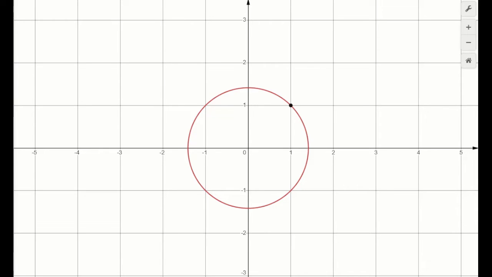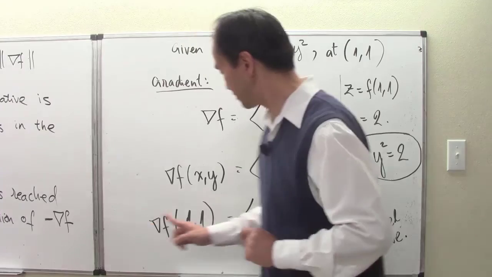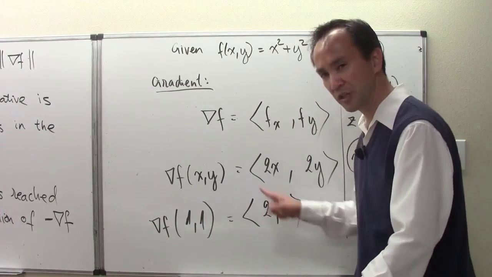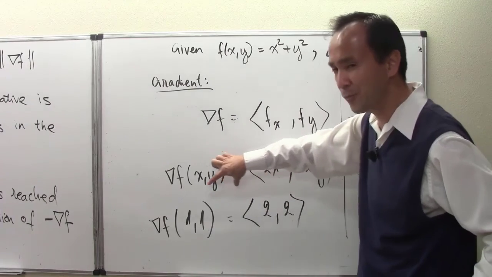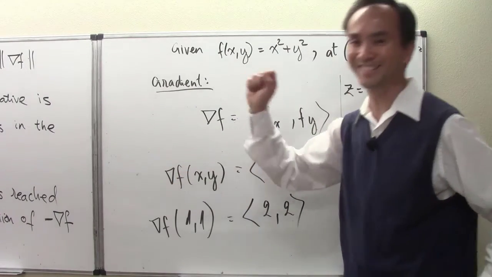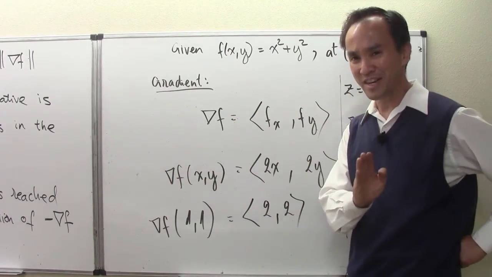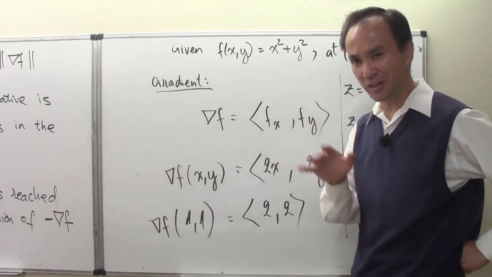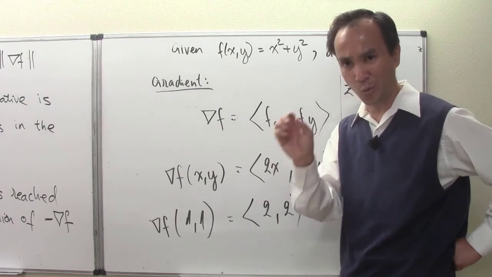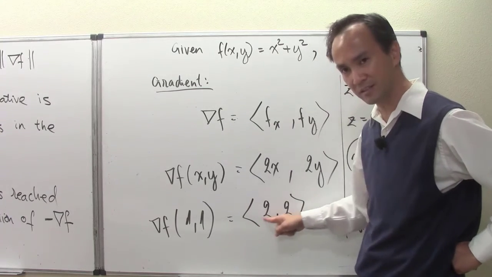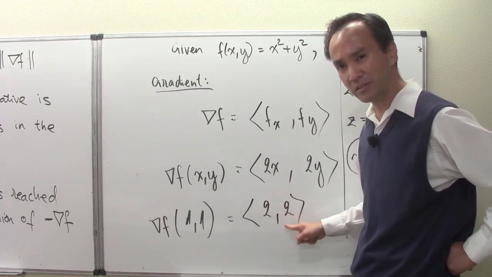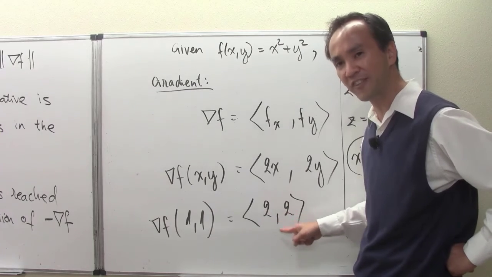Now back on the board, the gradient vector is 2, 2, but you have to understand this gradient vector has initial point at 1, 1. When you're studying vectors in general, usually it doesn't matter too much where you put the initial point, because it only matters about the components indicating where the vector is pointing.